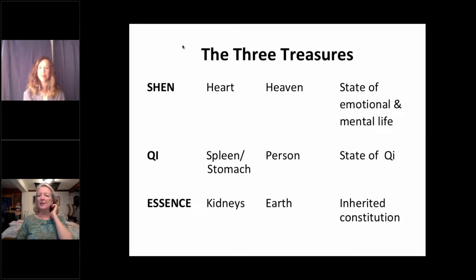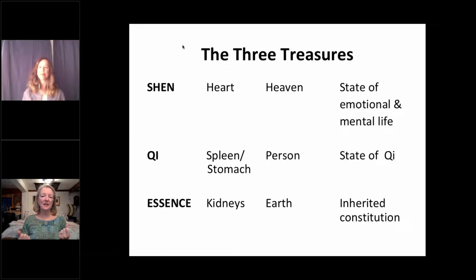So the three treasures are considered of all these fundamental properties: Shen, Qi, and Essence. And as you can see, Shen is linked with heaven. It's housed by the heart, and it's the emotional mental life. Qi is the person. Of course, traditionally you read man, but I say person. It's the stomach and the spleen, and that's the first place where food and drink come in to form Qi.